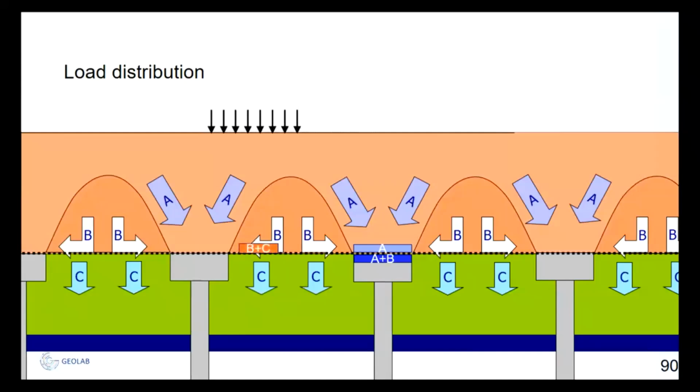On top of the reinforcement, in between piles, we measure B plus C. Underneath this reinforcement, we can measure C. And this is always difficult because the load there is small and usually decreases. And decreasing load is difficult to measure.